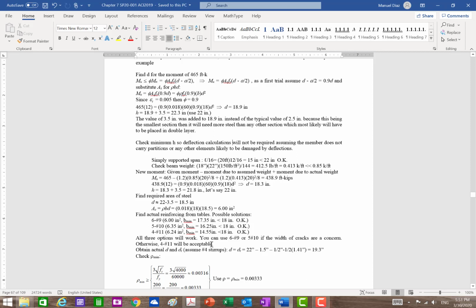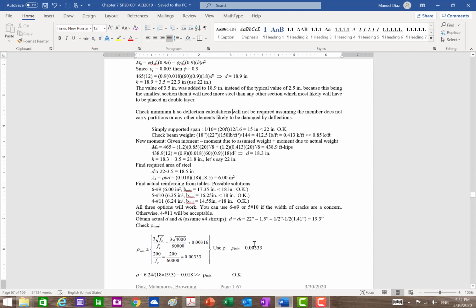Remember, the more bars you put controls better the width of your crack. But for construction purposes, the least amount of bars that you put is better for the workers, right? So 4 number 11s will be one solution that is more practical for construction.